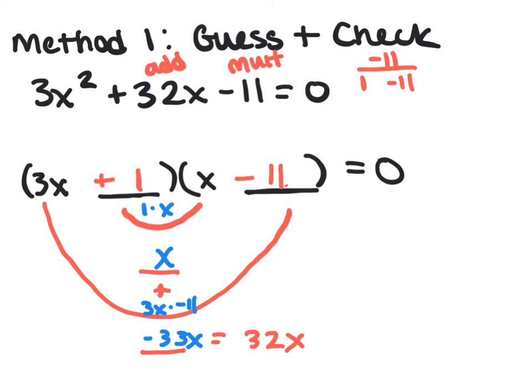And when you add the x plus the negative 33x, it gives you a value of negative 32x, which is not what we want. So now we have to keep going. So let's say instead of using 1 and negative 11, I use negative 1 and positive 11.